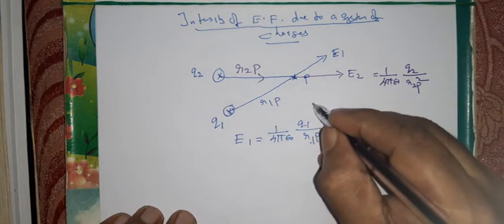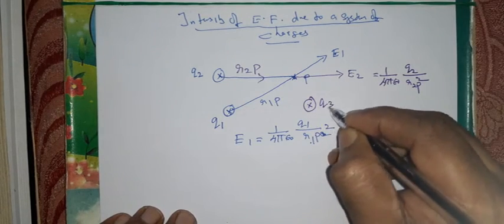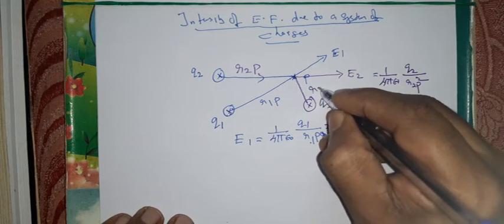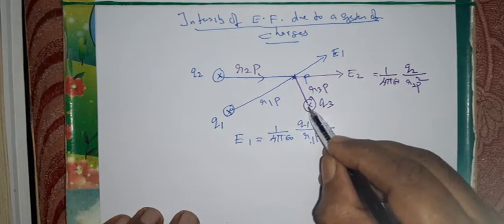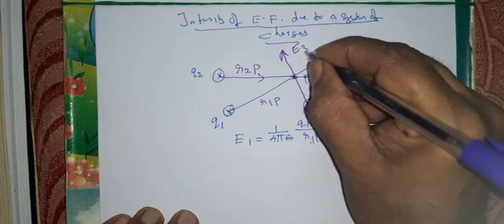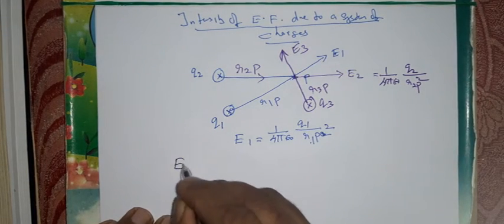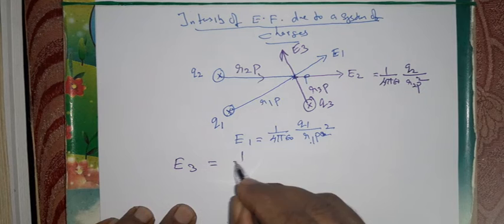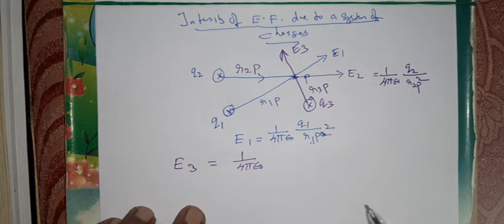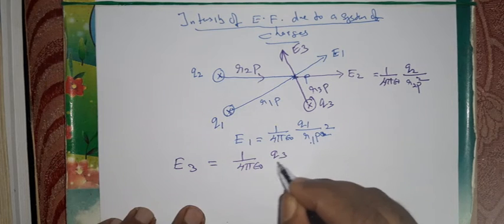Then you can take a charge Q3 here, at a distance R3P from the point. It will be directed like this. That is E3. What is the value of E3? We know E3 is equal to 1 by 4 pi epsilon 0 into Q3 by R3P square.